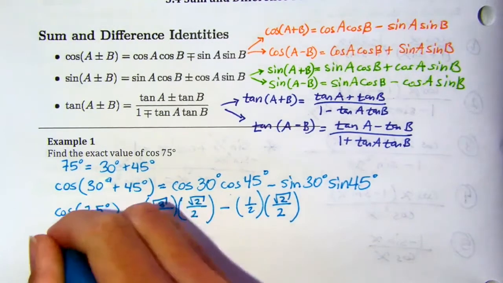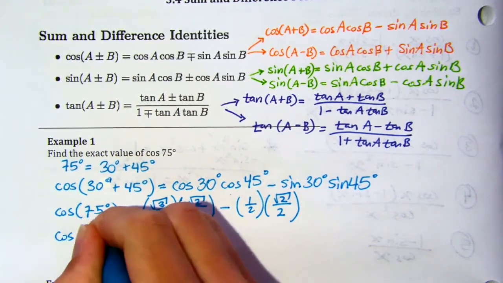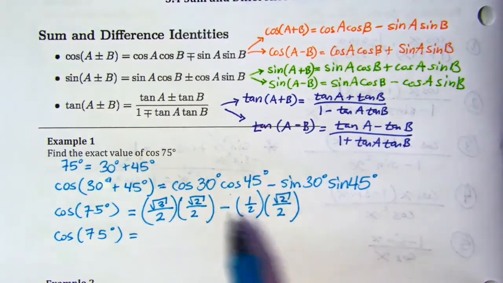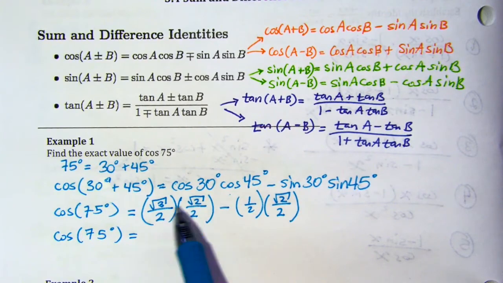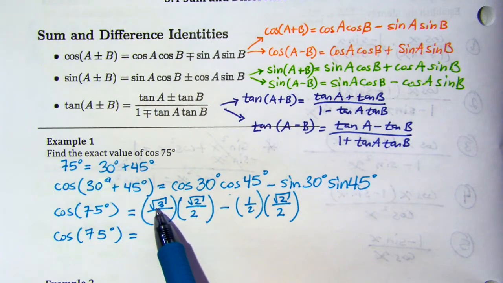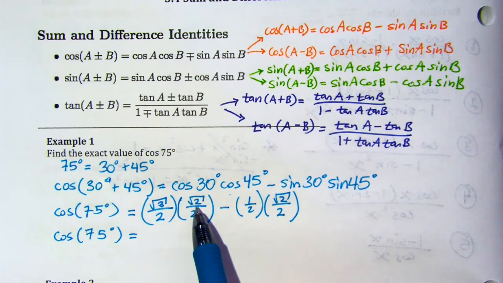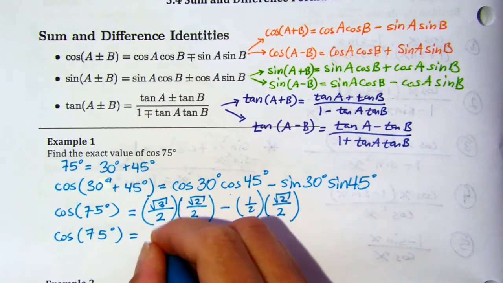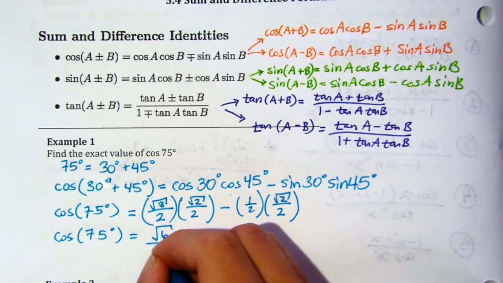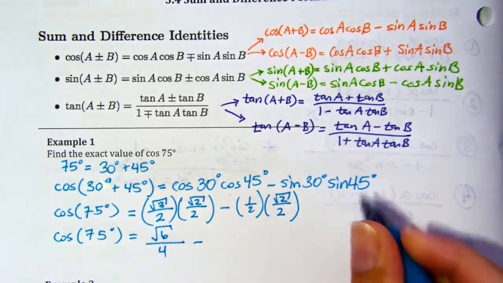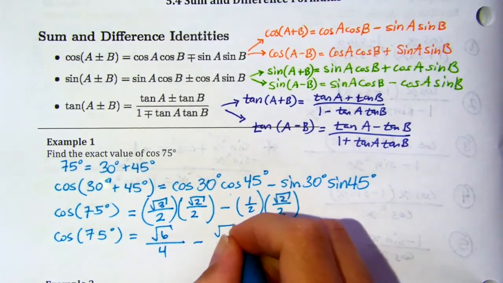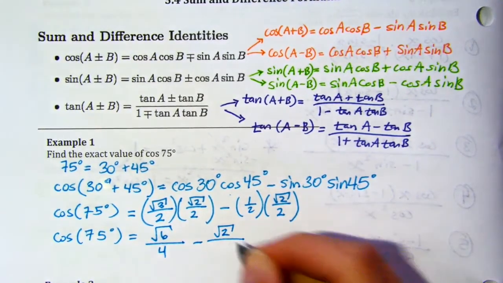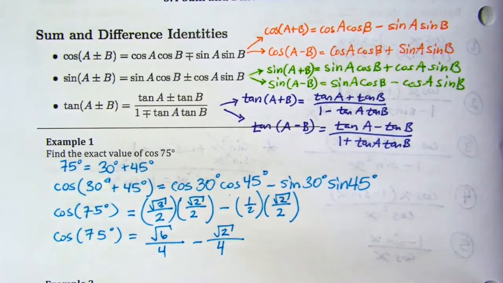Let's simplify. The cosine of 75 degrees is going to be equal to, when we multiply fractions, we multiply top times top and bottom times bottom. When you're multiplying roots, you keep the root and multiply together what's on the inside. 3 times 2 leaves us with 6, and we keep the square root. 2 times 2 is 4. Minus 1 times the square root of 2 leaves us with the square root of 2, divided by 2 times 2 is 4.